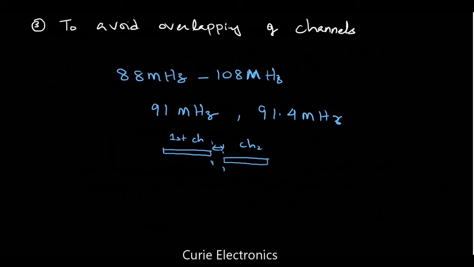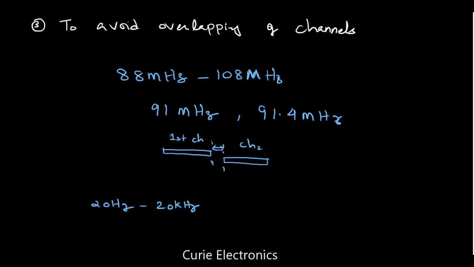But if you use low frequency, what happens? From 20 Hertz to 20 kilohertz, if you try to transmit, we can't accommodate more channels, and the quality also will be poor because bandwidth will be less.